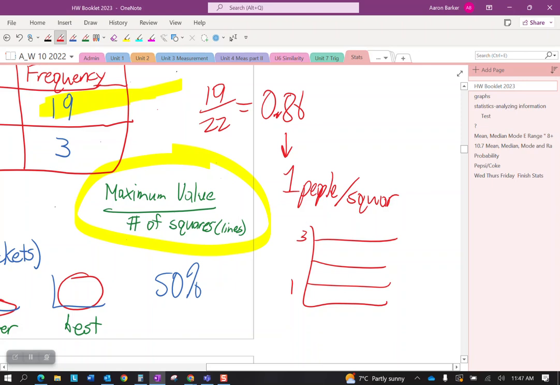Now, if this was the 2 line, and say my graph bar went up to here, what number would that bar represent if it was in the middle of 2 and 3? 2.5. Just like if you had 2.75, where would you put your graph bar?